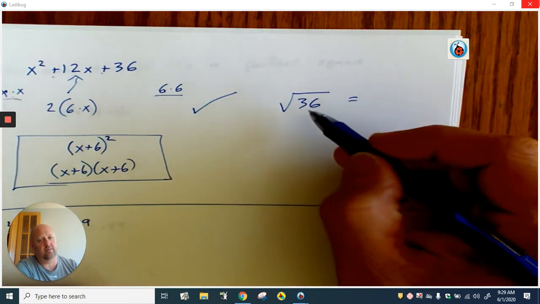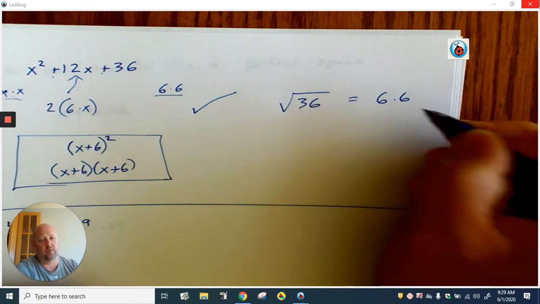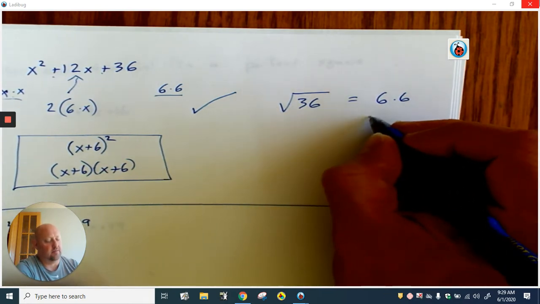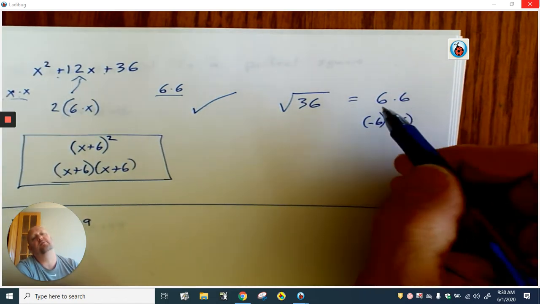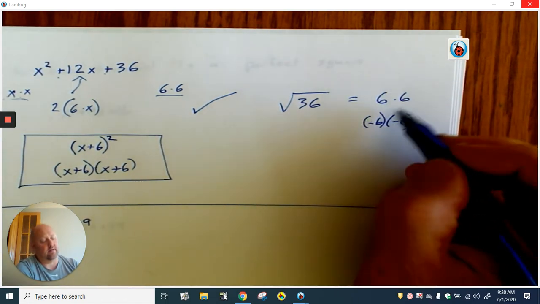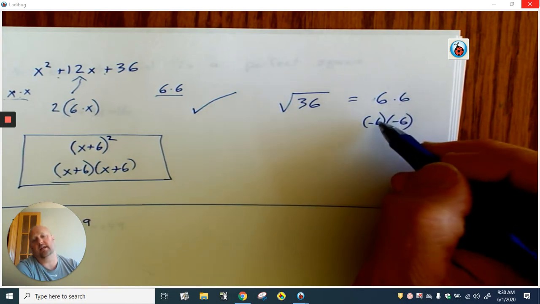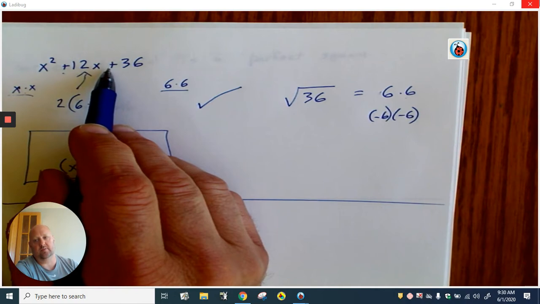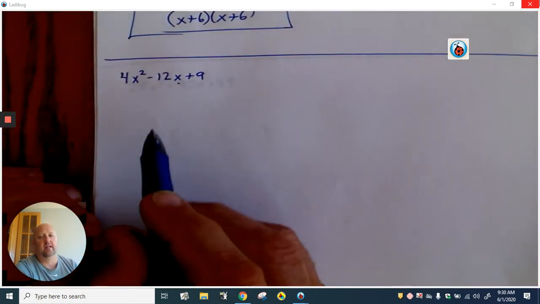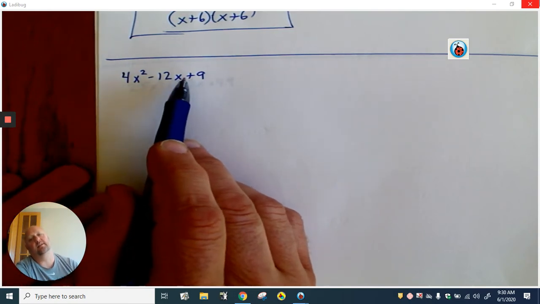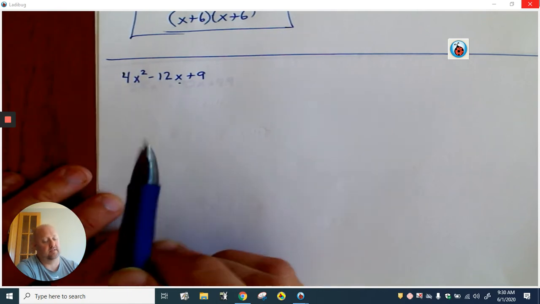Well, technically, all square roots have two answers, because 6 times 6 works to get to 36, but also negative 6 times negative 6 works. So how do I decide if it is positive or negative 6? Well, in this one, both signs were positive, so I knew my sign had to be positive. In this one, looking at the signs, I know they're going to be the same, but they're going to be negative because of this one.